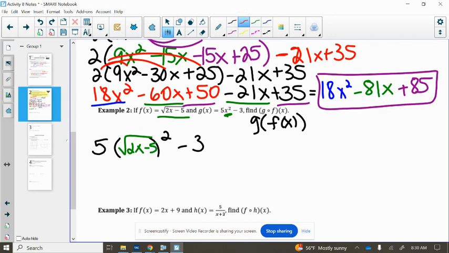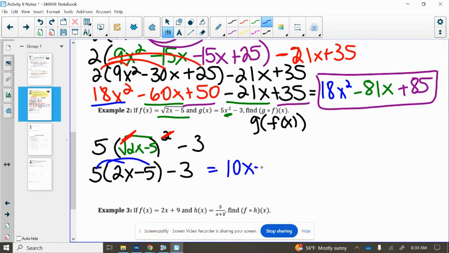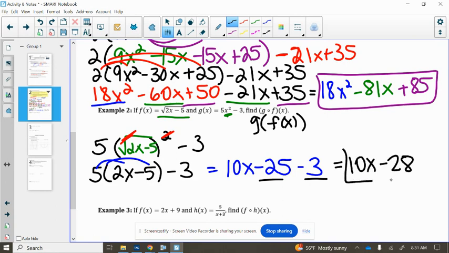Now, when we start simplifying here, we are squaring a square root, so those are actually going to cancel out, and we are just left with 2x minus 5. And if we distribute that 5 through, we get 10x minus 25. Still have that minus 3 hanging out. And then last but not least, combine these like terms, 10x minus 28 ends up being our composition.